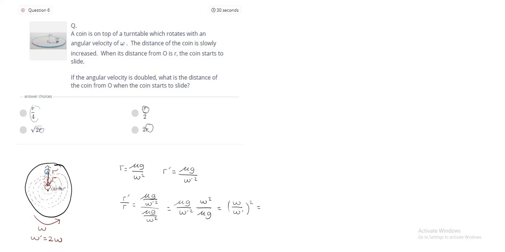And as you know here, the new omega prime is 2 times the old omega. So you can do a bit of substitution here. Then you arrive at 1 over 2 squared, which is basically 1 over 4. So since r prime over r is 1 over 4, the new distance is 1 over 4 times the old distance. And with that, we can conclude our answer is r over 4.